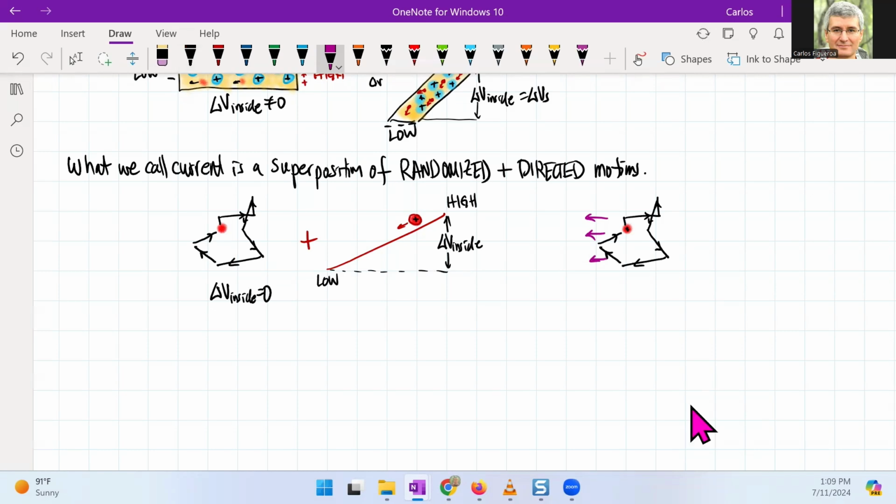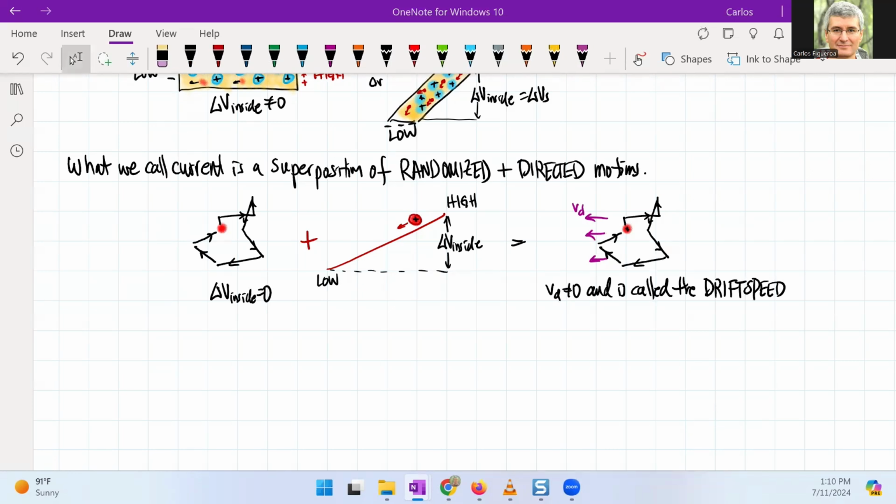And so what we say here is that this motion we call VD, and this VD tells us that VD is not equal to 0 and is called the drift speed. So the whole thing moves with this drift speed.